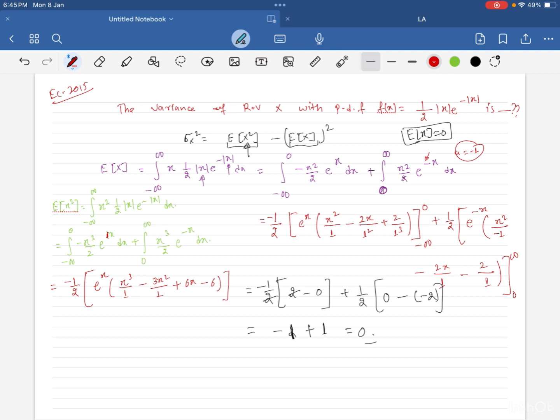This is what you are going to get, and the limit will go from minus infinity to 0, plus this term, and half is there.